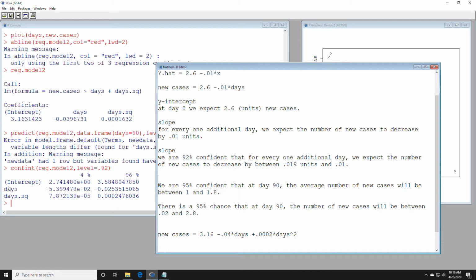Whereas if we just had x, it doesn't matter whether you increase x from 0 to 1 or 90 to 91, but when we have squared days, it does matter because there's a difference between squaring 0 and squaring 90. So the interpretations go out the window. You could still interpret the intercept, but that's about it.